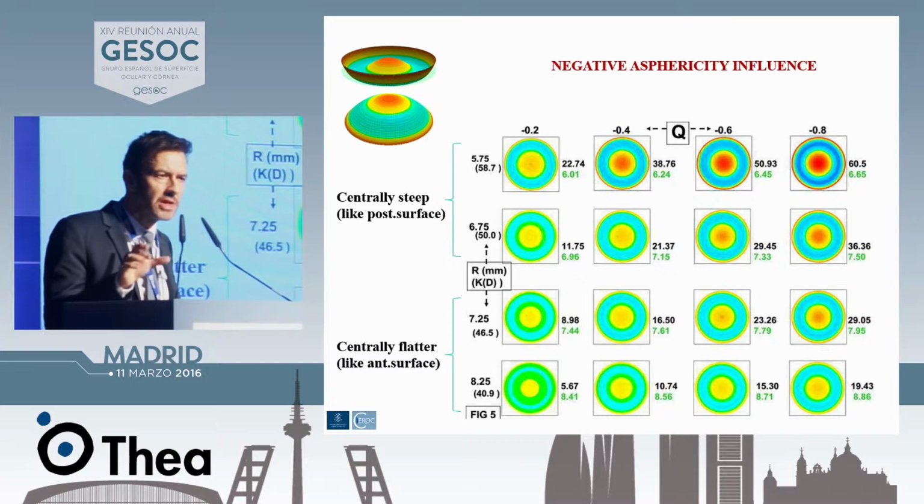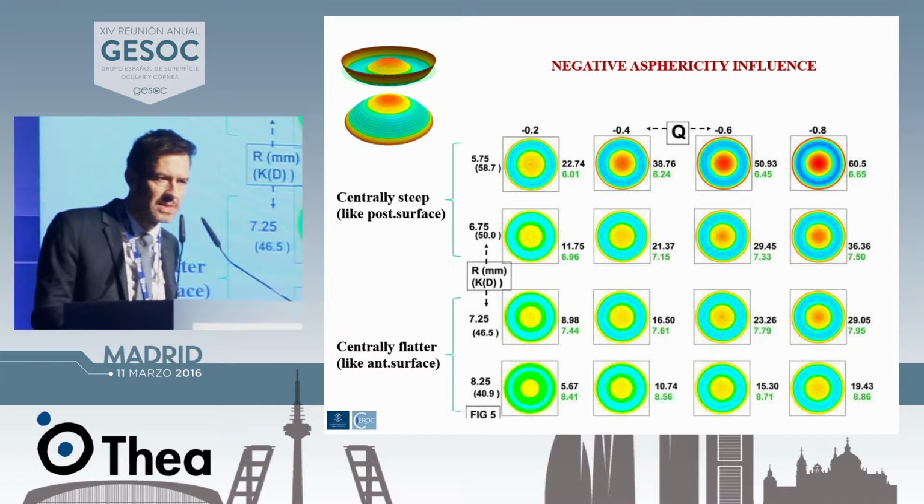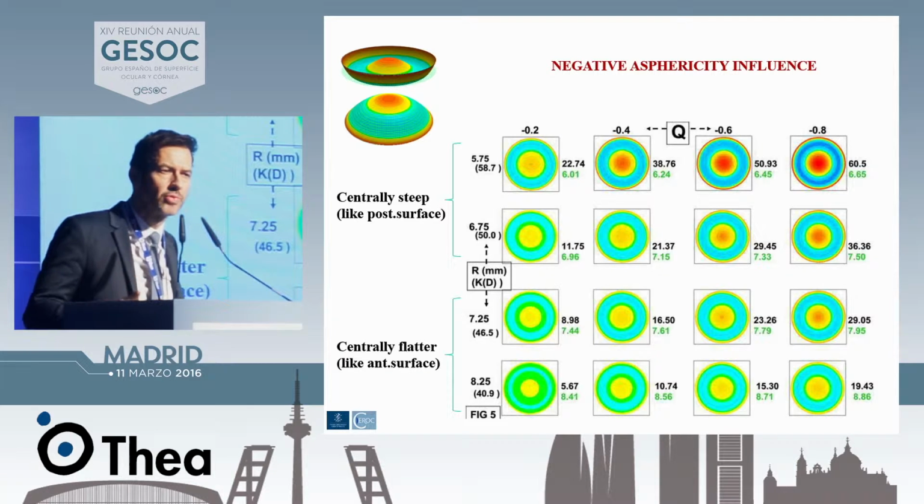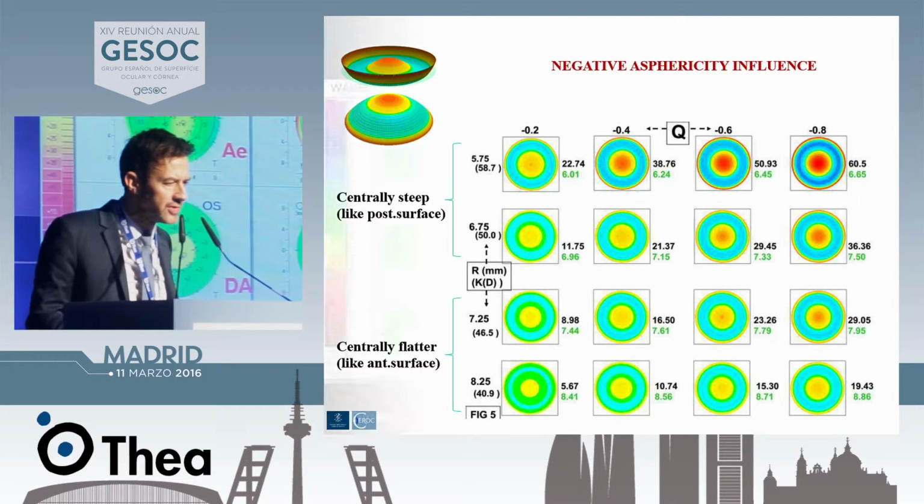In other words, from the same degree of negative asphericity, the posterior surface, because it's steeper centrally, will show more red colors and more quickly than the anterior surface. And this has given the clinician the impression that the posterior surface carries some very early information about keratoconus detection.